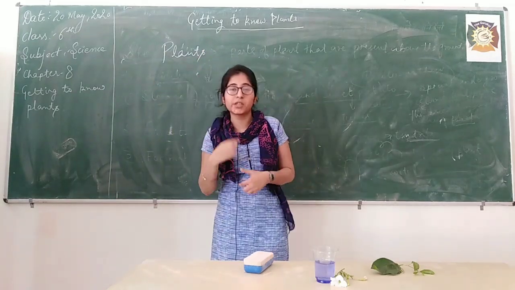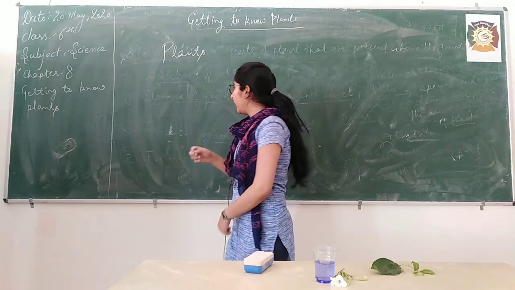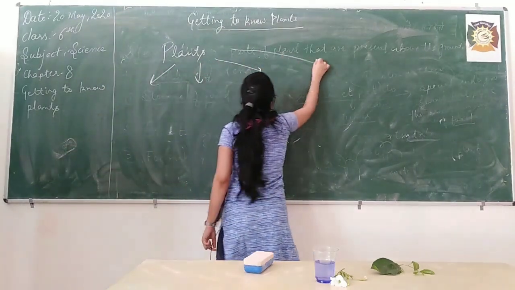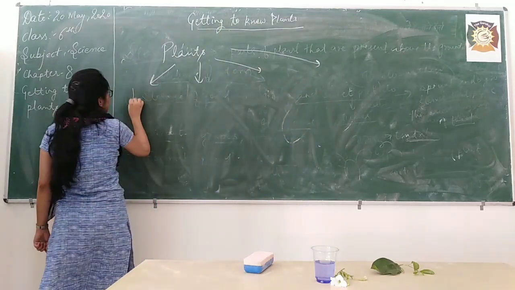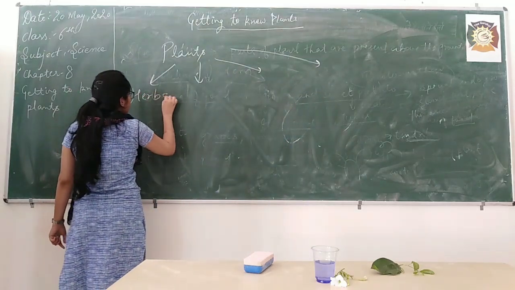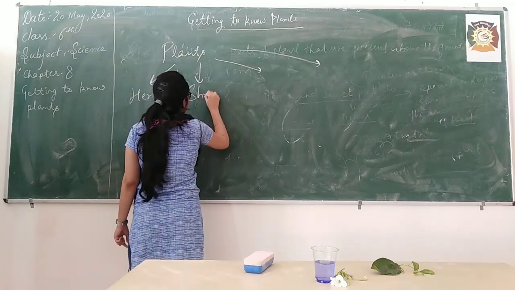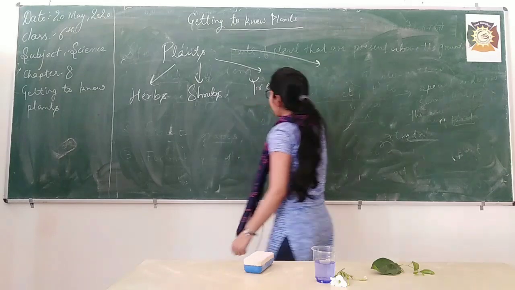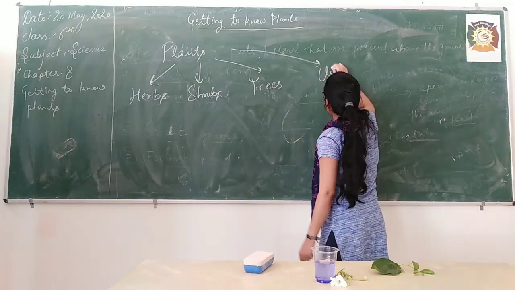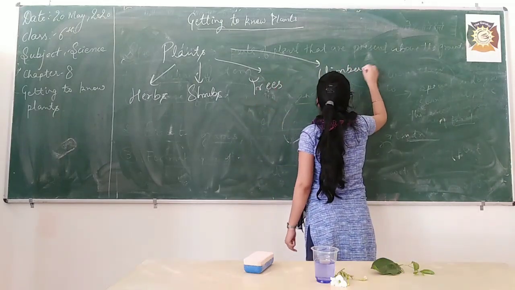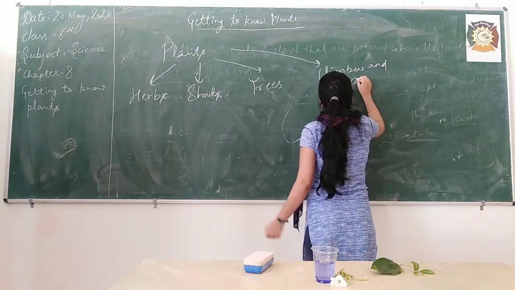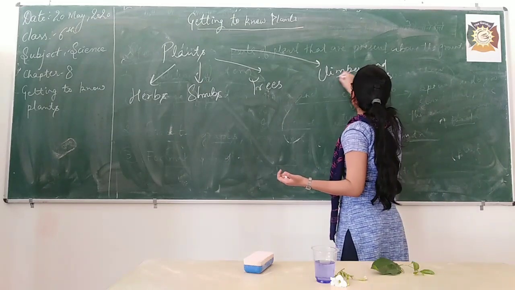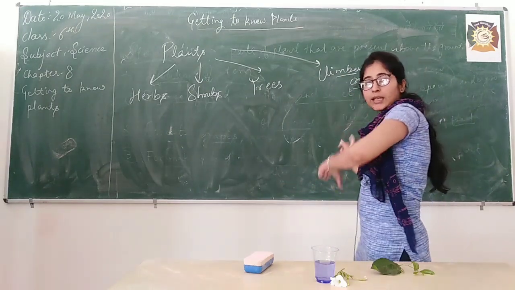Which type of stem a plant has, we divide plants on the basis of it. According to it, there are 4 kinds of plants. Number one is herbs. Second is shrubs. Third is trees. And the fourth one is climbers and creepers. There is a very minute difference between climbers and creepers. That's why we have put them into the same category.